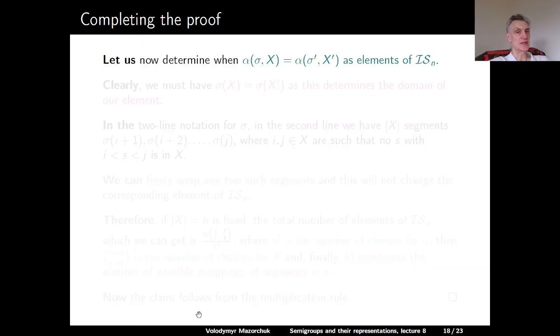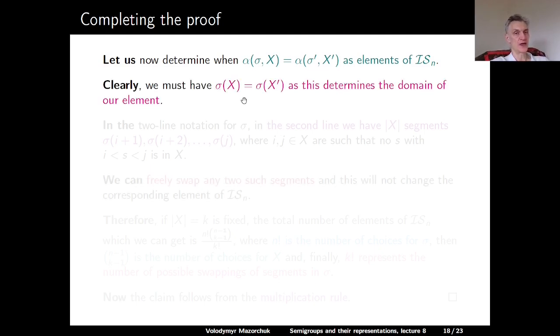So let us now determine when alpha of sigma and x is equal to alpha of sigma prime and x prime as elements of ISN. Clearly, we must have sigma of x equal to sigma prime of x prime, as this determines the domain of our element, and if two elements are equal, they should have the same domain.